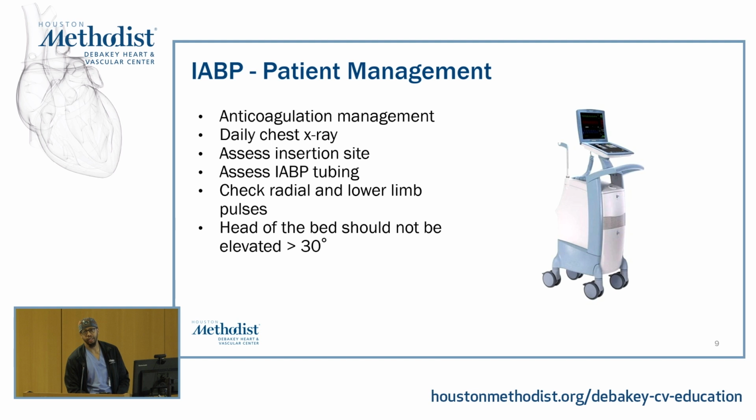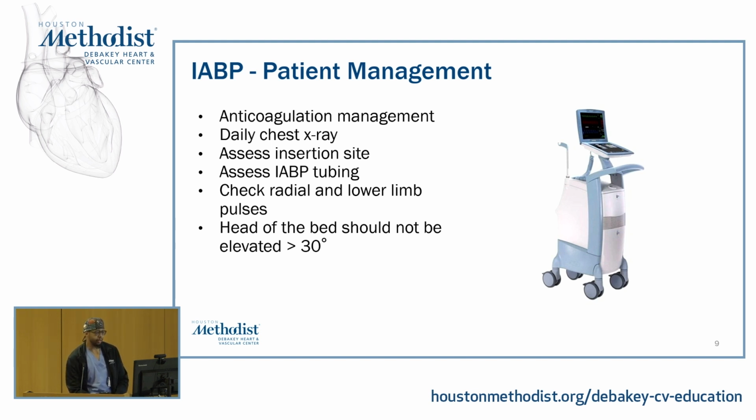That's probably one of the leading causes of us having to change out these catheters, at the insertion site where the catheter is exiting. A lot of times that catheter gets bent there, and it's just like a wire hanger. You'll never be able to bend it back into that original position, so that catheter is going to continue to kink off on you, and usually the only fix for that is to take the patient back to the cath lab or wherever you inserted it and exchange that balloon out.